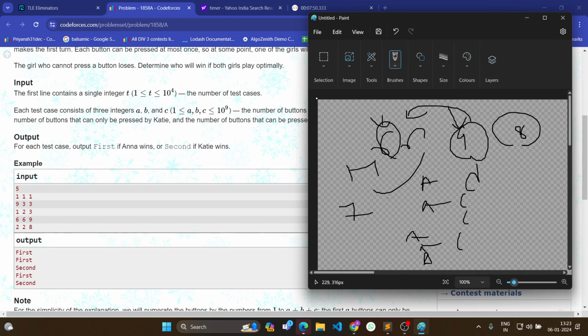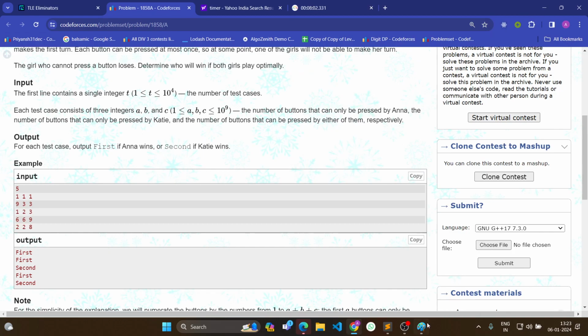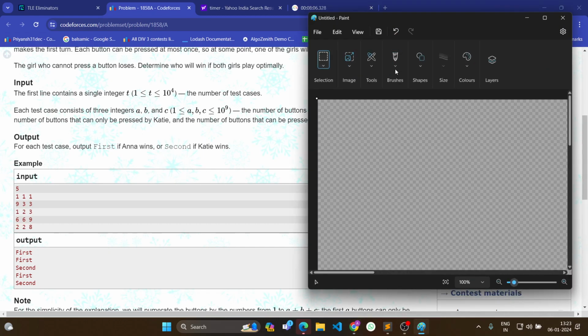So it is like 7 and 6, and the turn is also Katie's. So 7 and 5. Yeah, and otherwise if it's even, like 8, it goes Anna, Katie, Anna, Katie, and so on.